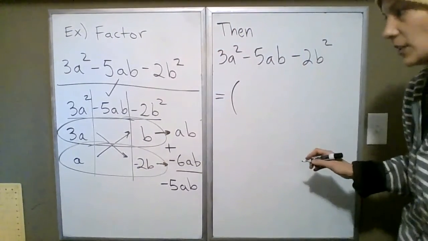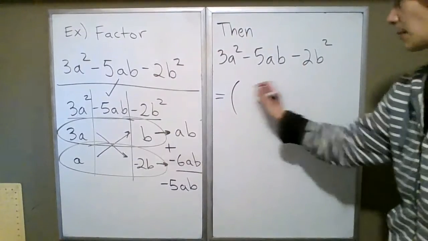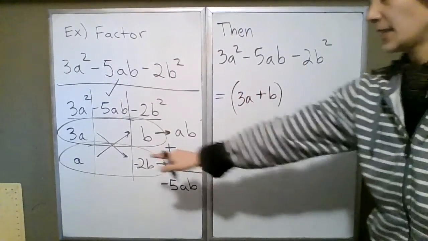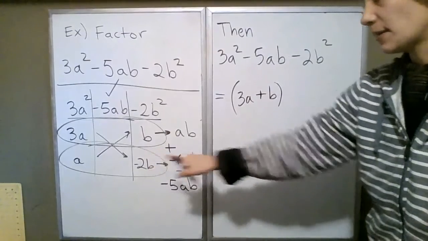Again, first factor is 3a plus b. The second factor is in the bottom row, a minus 2b.